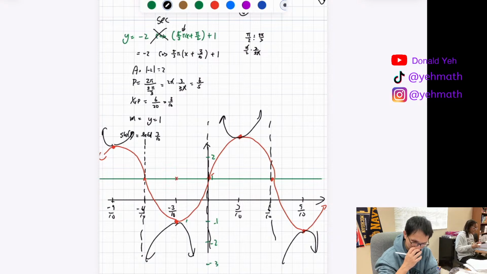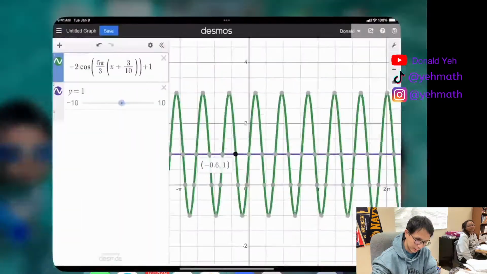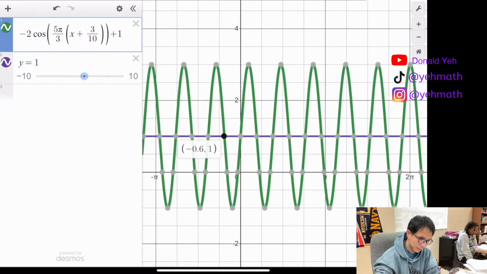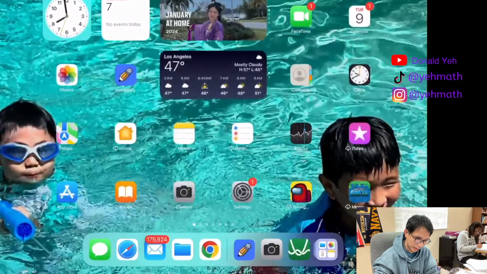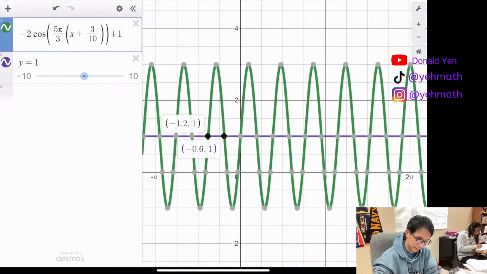Wait, did I do something wrong? Wait. This is the cosine, right? Why is negative 3 over 10 at 1? Hold on a second. Negative 3 over 10 is at negative 1? No, it's at 1. Something's off here.